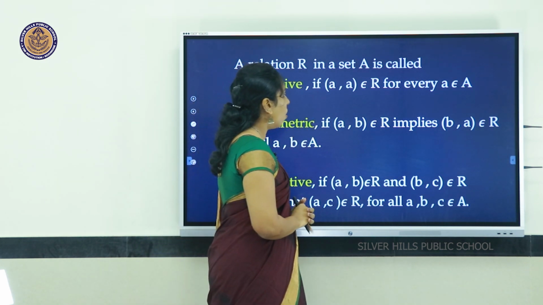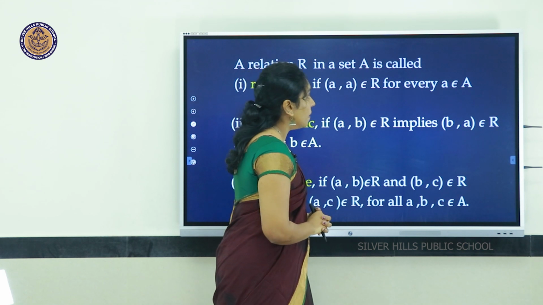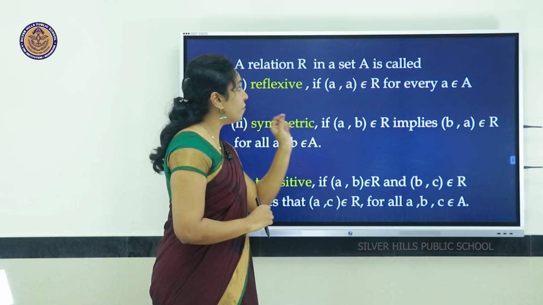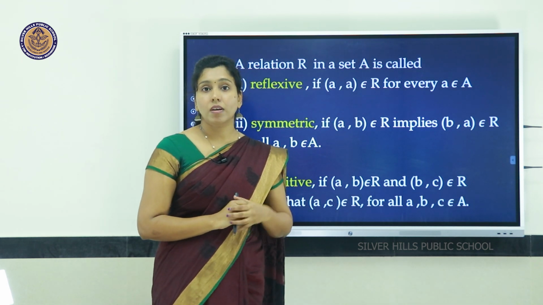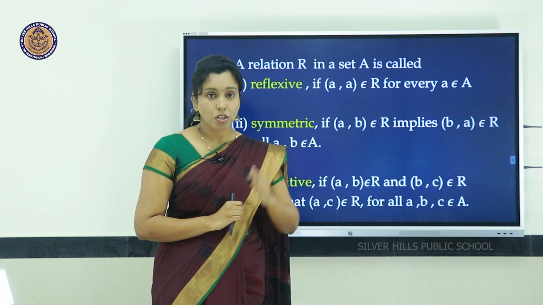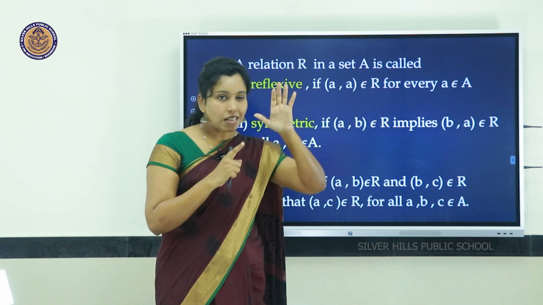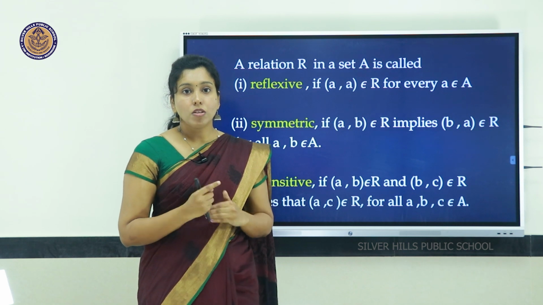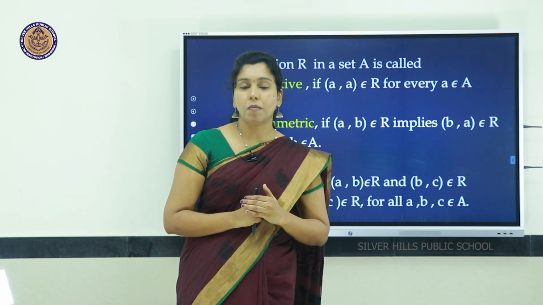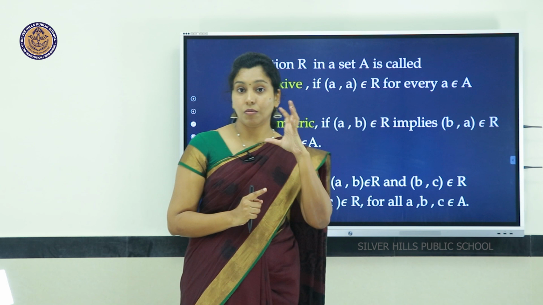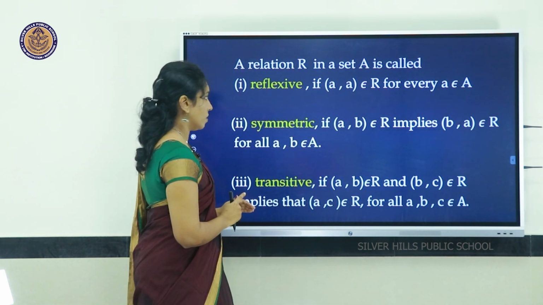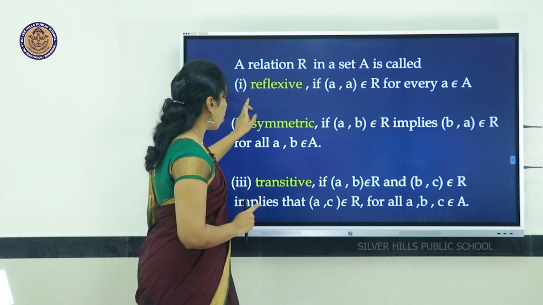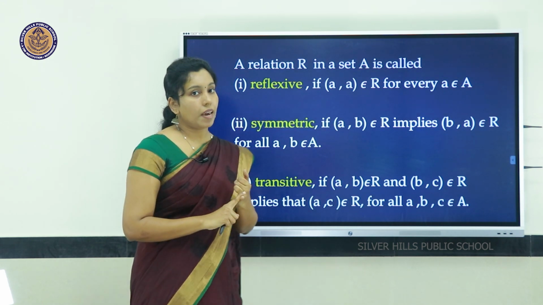The ordered pair (a, a) belongs to R, here R means relation, for every a member of the set A. So what is the first one? Reflexive. I will just explain to you what each one is, and then I will take a problem. If we discuss a problem, it will be clear to you what the meaning of each definition is. A relation R in a set A is called reflexive if (a, a) belongs to R.